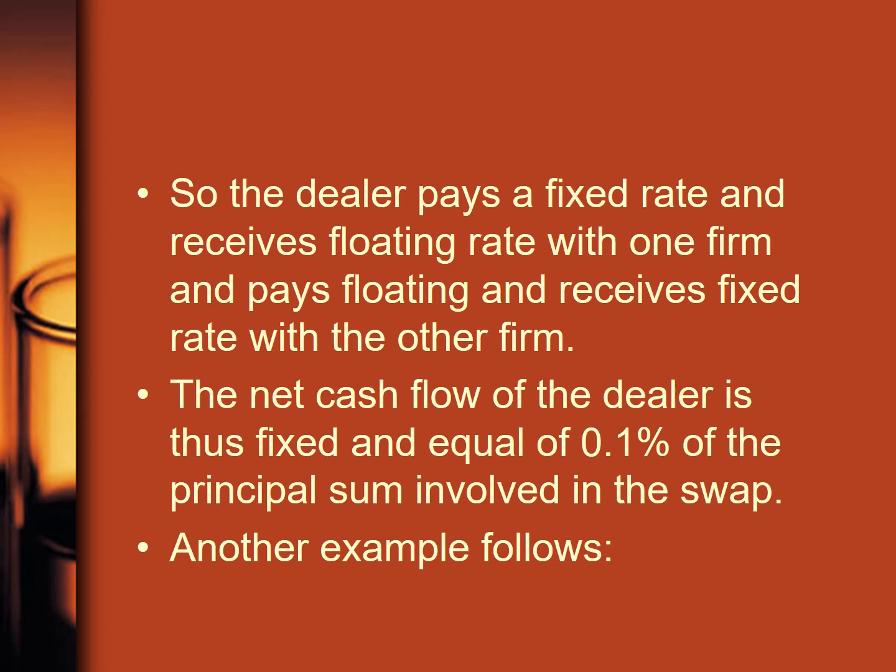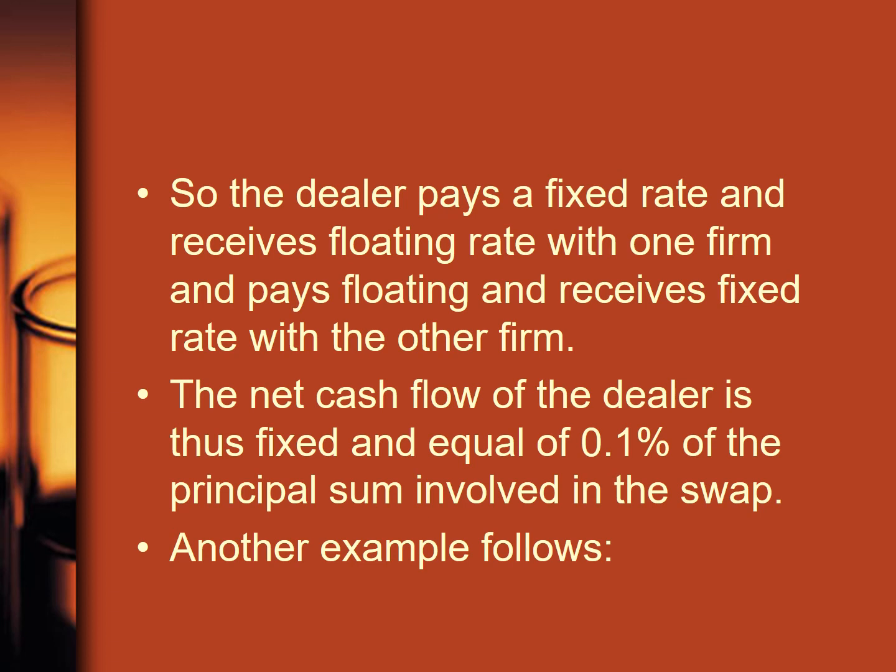So now the situation is like this: the dealer has a transaction with a firm where it pays a fixed rate and receives floating rate in return, and the dealer has a transaction with another firm where it pays floating rate and receives fixed rate.